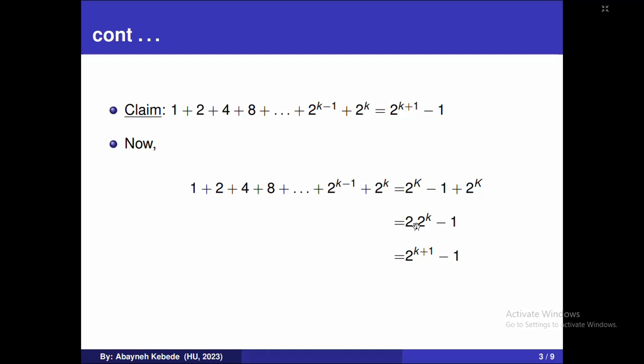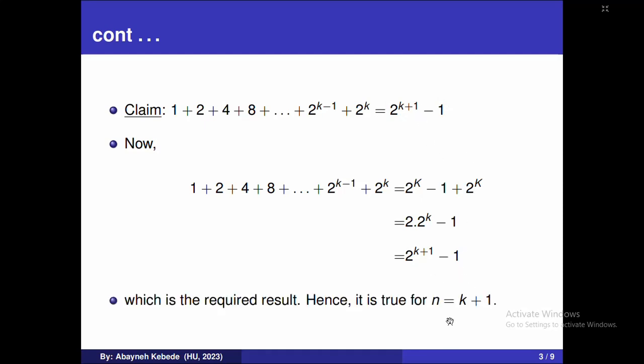By using the properties of the exponential function, 2 times 2 raised to k is 2 to the power of 1 plus k, which is the same as 2 to the power of k plus 1, minus 1. This is the required result, the same as our claim. So since it is true for n equals k plus 1, the proof is completed here.